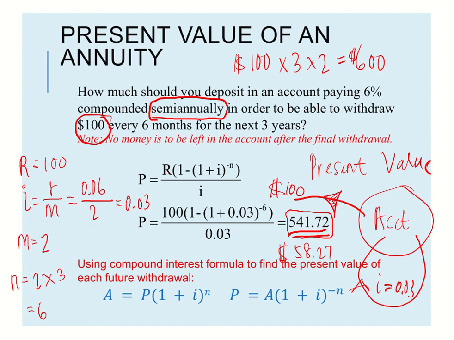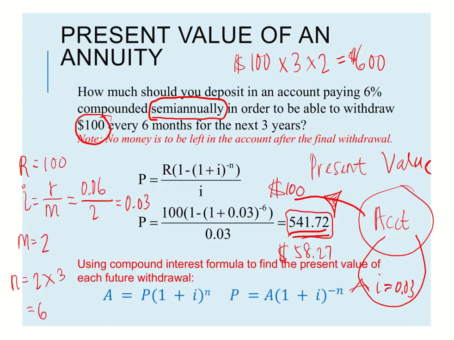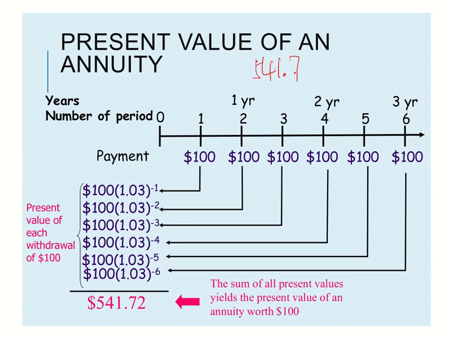Again, let's look at this timeline to understand it better. First, you pay $541.72 into the account.